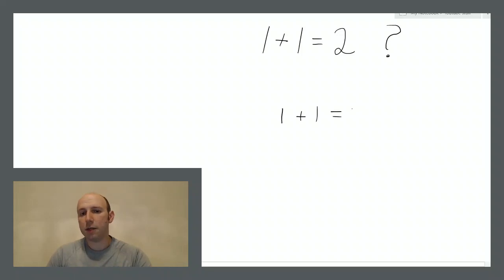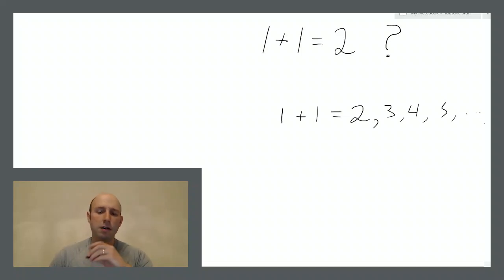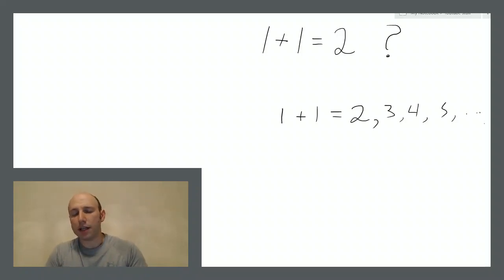Do you get 2 people? Well, sure, initially you do, but if it's a male and female, and you wait long enough, you check on them, it could be 3 people, or 4, or 5, or more than that. So we found an example where 1 plus 1 is initially 2, but then it can be 3, 4, 5.